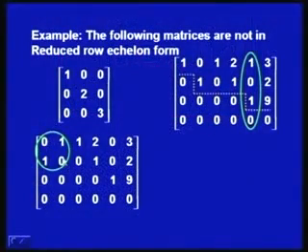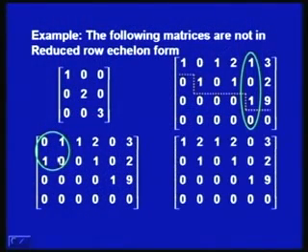So this is not in reduced row echelon form. The same thing is here. This particular pattern is against the form, because this is a leading one in this row, this is a leading one in this row, but this leading one is on the right hand side. This should be on this side and this should be on this side, only then it will be in row reduced form. So this is not in reduced row echelon form.